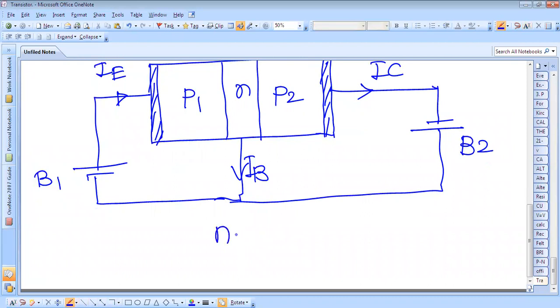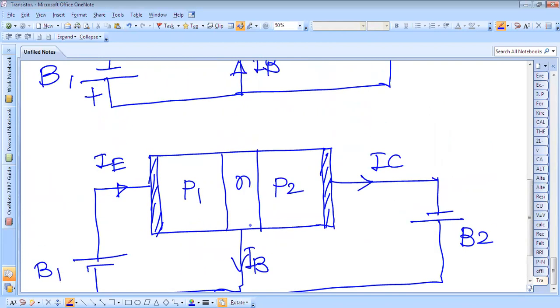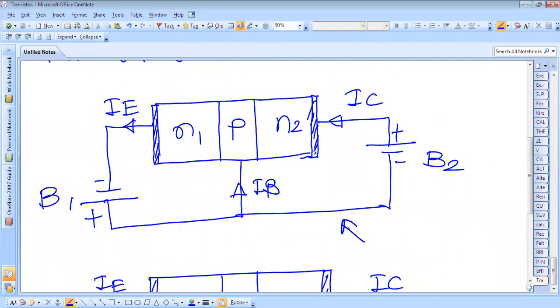This is the PNP transistor and this is the NPN transistor. If you consider here, some electrons pass through the base and combine with the holes, others reach the base terminal, and some reach the collector.